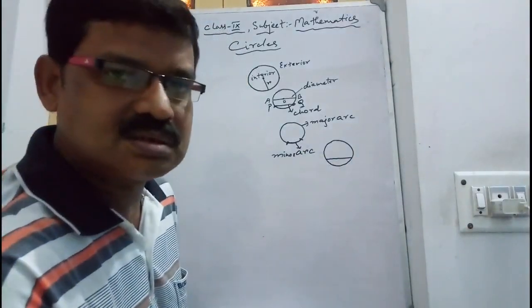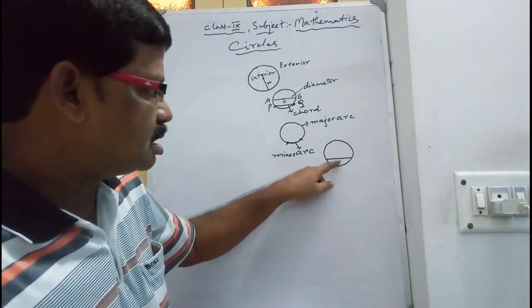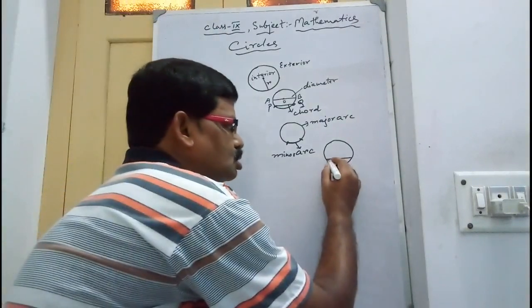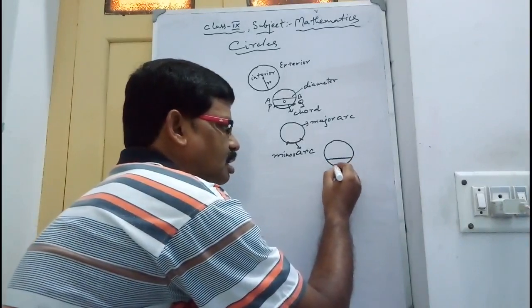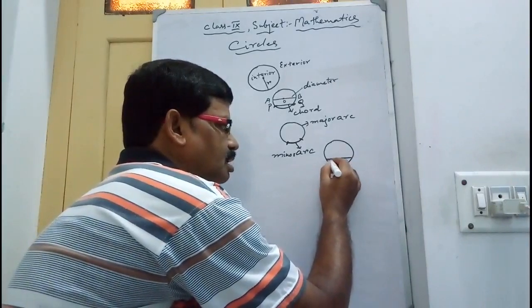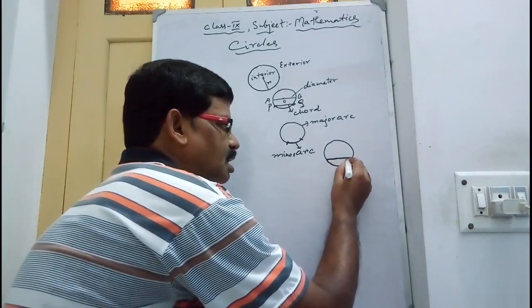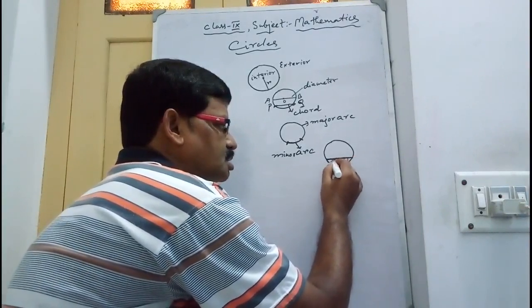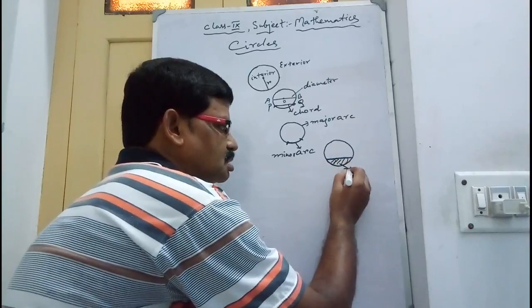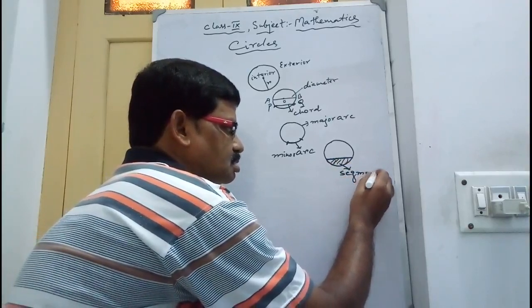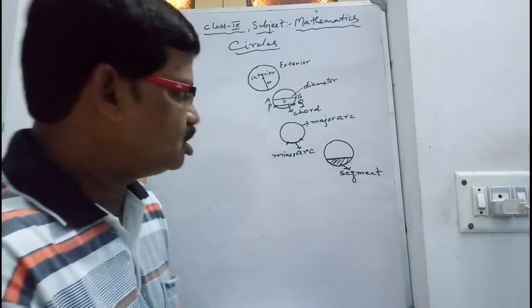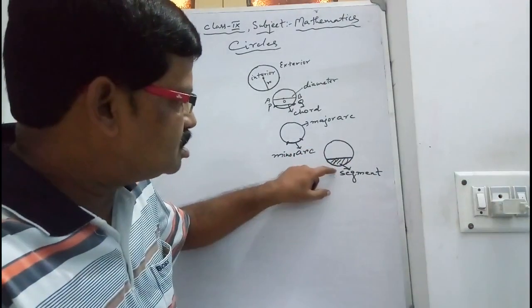This one is chord. So the chord and that arc combinedly make an area. This one is known as segment. So here how many segments? 2 segments.